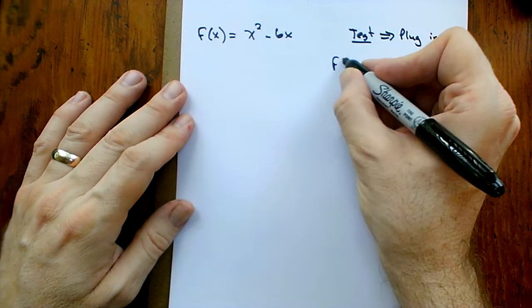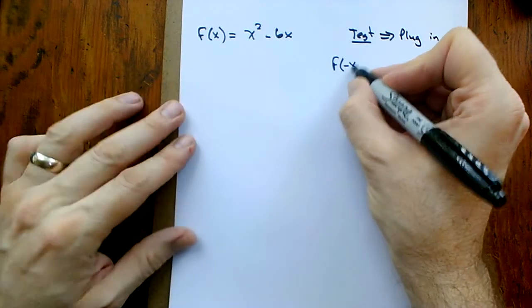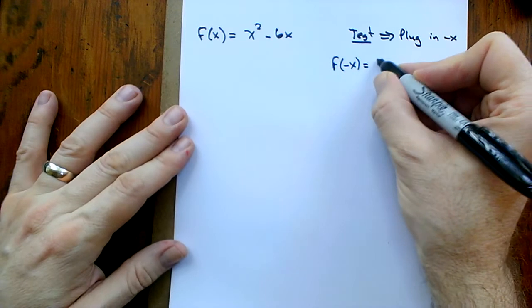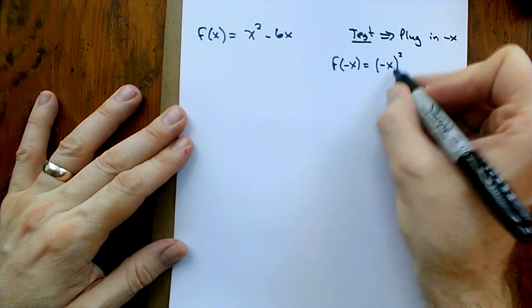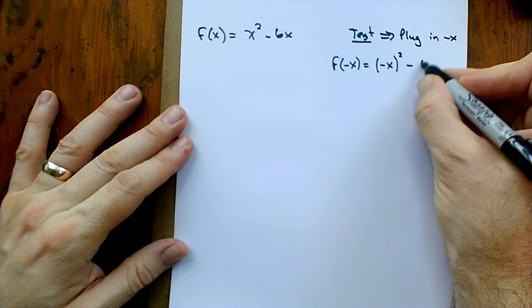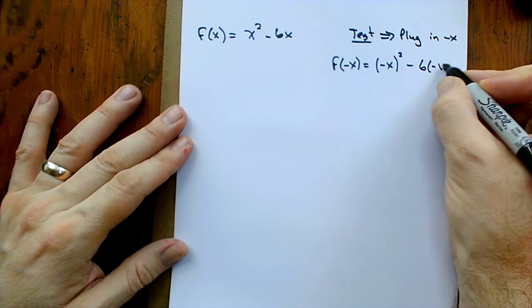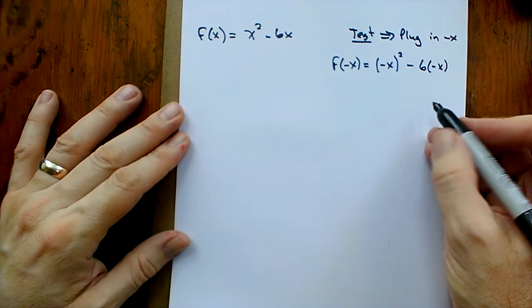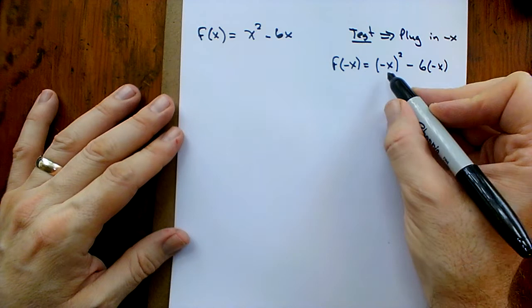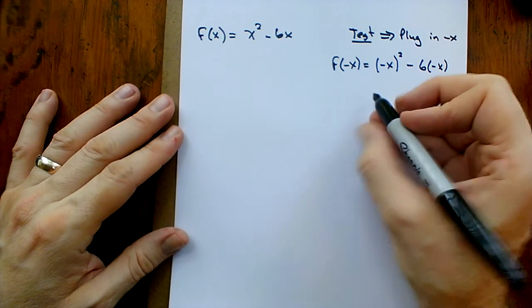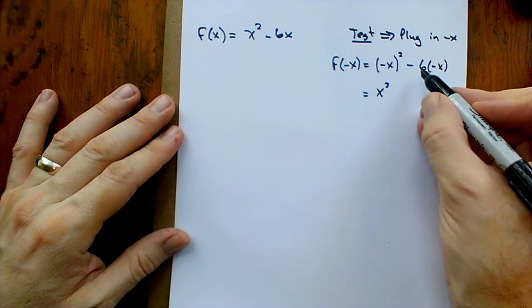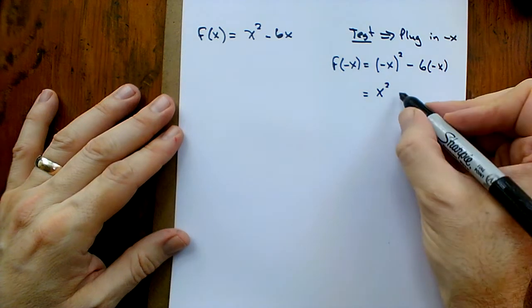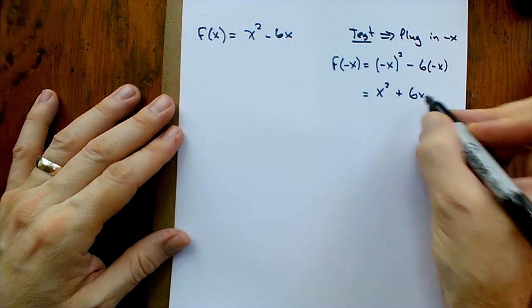So when I plug a negative x into our function here, this is going to give us negative x, inside parentheses, squared, minus 6 times our negative x. Well, here, negative x times negative x is going to be positive x squared. Negative 6 times negative x is going to be the same thing as plus 6x.